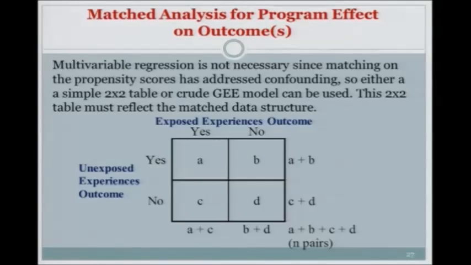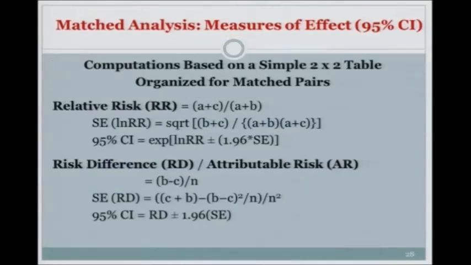Thank you, Molly. All right, so here are the equations that go with that, because then you would have an estimate above the null or under the null, depending on what you would want. And so the computations here are based on that 2x2 table. As long as you can organize your matched pairs into those 2x2 tables, which is pretty easy, you can calculate the relative risk this way and the risk difference this way.